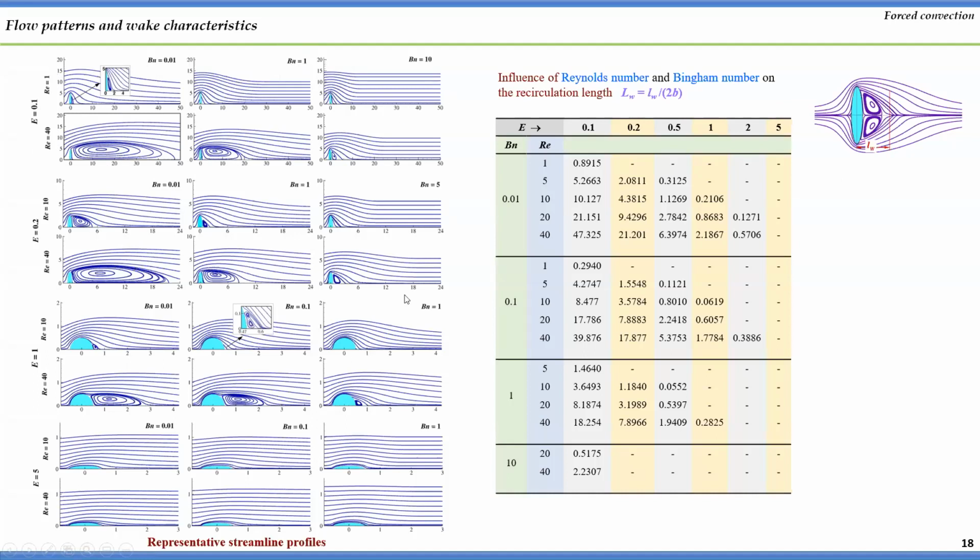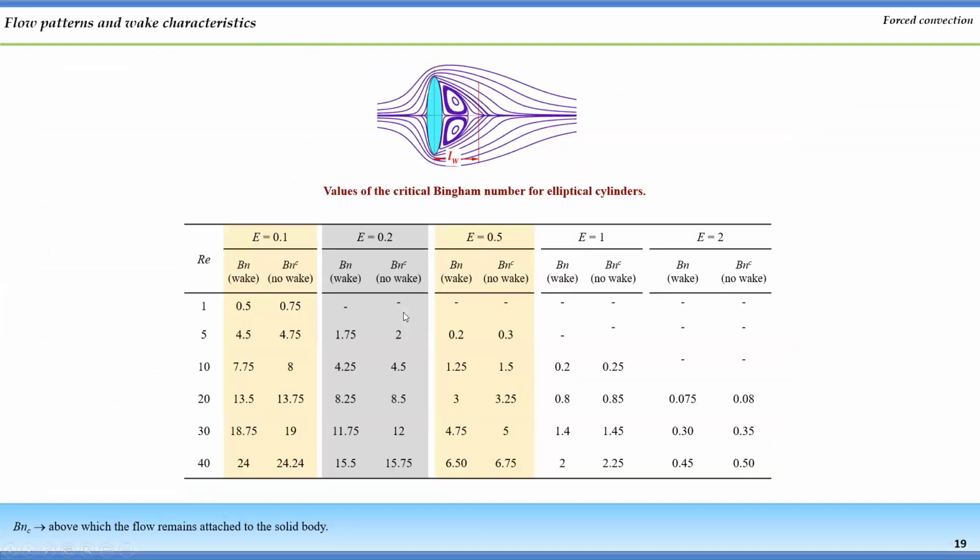So here we have an analysis of the Bingham number value above which we are not able to see any wake formation or vortex formation. This is the range below which you are able to see efficient mass transfer and heat transfer, because the vortex is forming, and you are able to see that mixing is also sufficient in case you have such a requirement in your application.